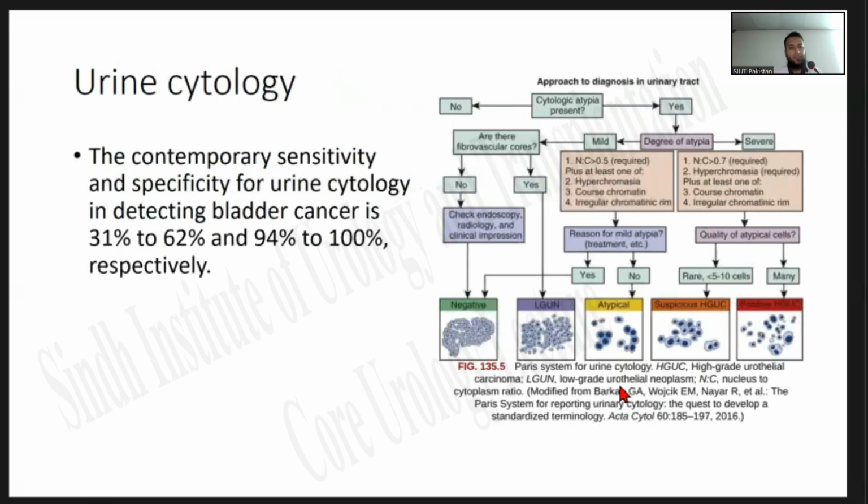The sensitivity and specificity of urine cytology in detecting bladder cancer is 31 to 62% and 94 to 100% respectively. We use the Paris system of urine cytology for diagnosing the abnormal cells.